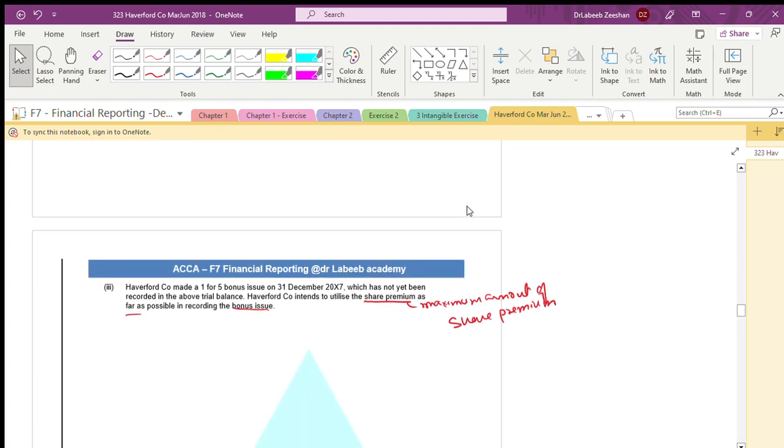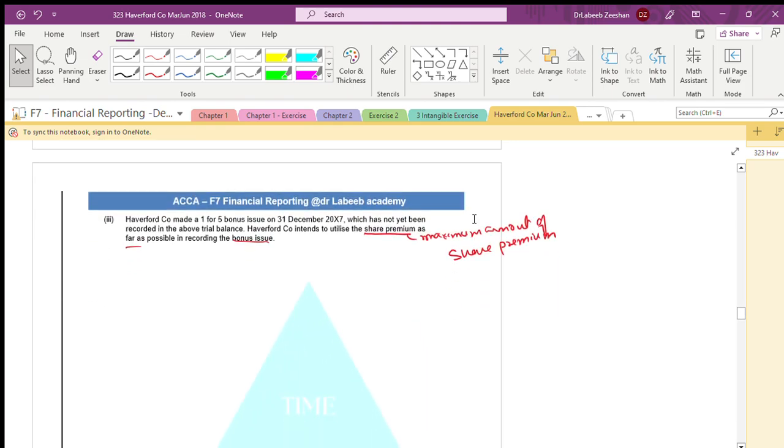Next, they said that it's very simple. They are issuing a 1 for 5 bonus issue which has not yet been recorded in the trial balance. They're going to use share premium.